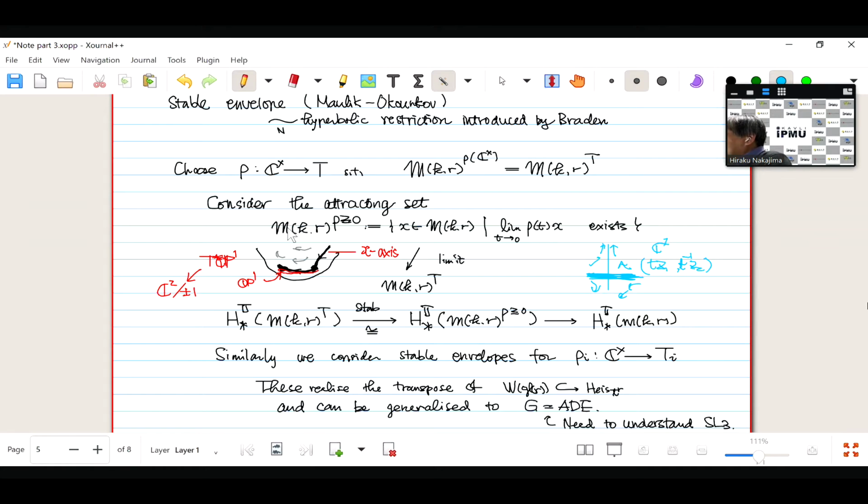But this is not simply the inclusion. This inclusion becomes an isomorphism after tensoring with the fraction field, but it's not what we want. We want to do everything over the polynomial ring, and the stable envelope is not just given by inclusion. It is more associated with a construction.